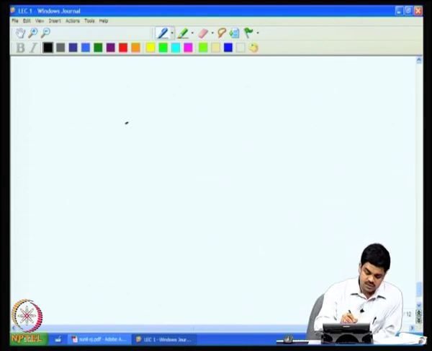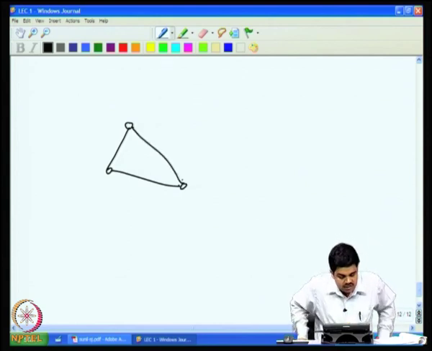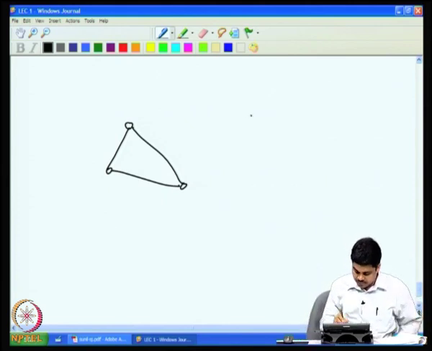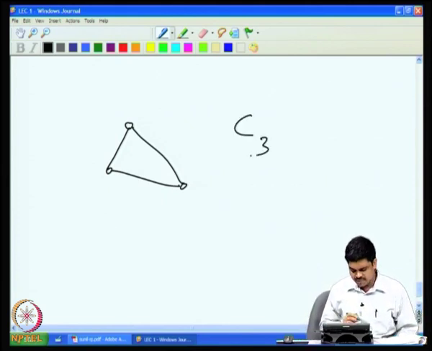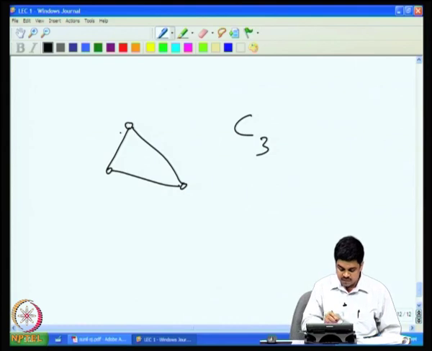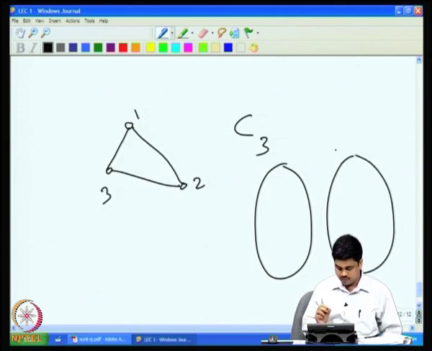So, we can consider, for instance, the simplest cycle, the triangle, this is called a triangle, or 3 cycle C3. Is this a bipartite graph? Suppose this is a bipartite graph, then we should be able to place the vertices in 2 groups in such a way that the edges go from one side to the other.